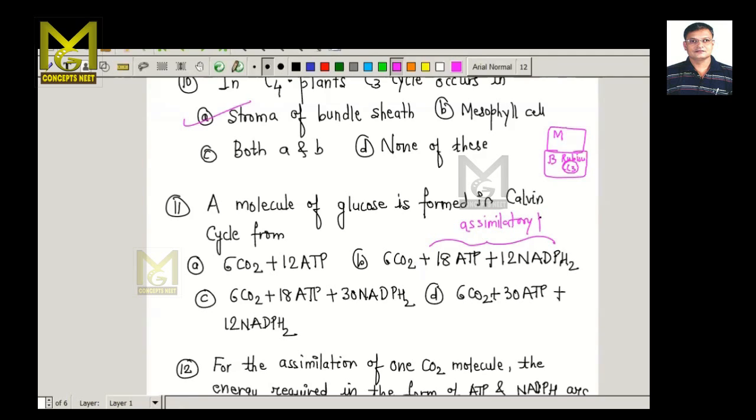These are the assimilatory powers, and they come from the light reactions, and this is the carbon dioxide which is fixed. So the proportion is 6 molecules of carbon dioxide with 18 ATP molecules and 12 NADPH2 that will result in the Calvin cycle with the formation of a glucose molecule. So the correct option in this case is B.